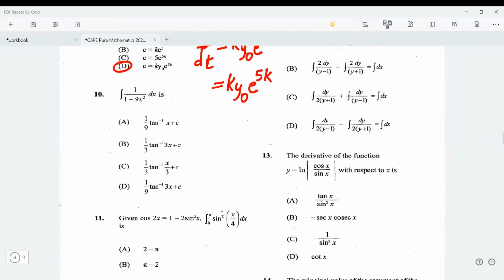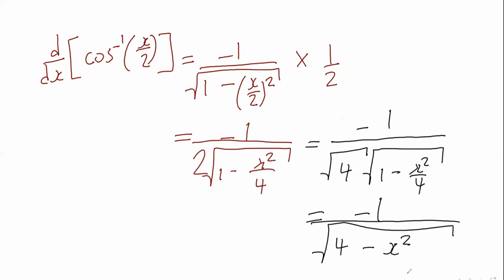Question 10. Integrate 1 over 1 plus 9x squared. So we need to integrate 1 over 1 plus 9x squared. Let's do that right here on the white screen, because I just want us to have a little bit more space. So we're integrating 1 over 1 plus 9x squared dx.